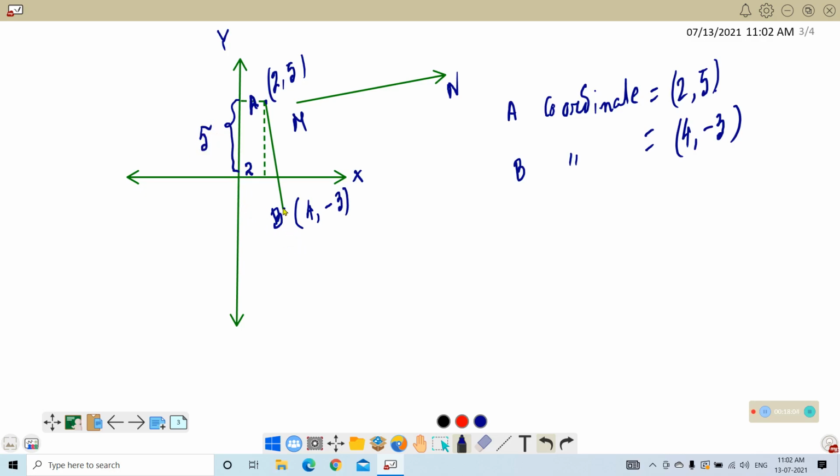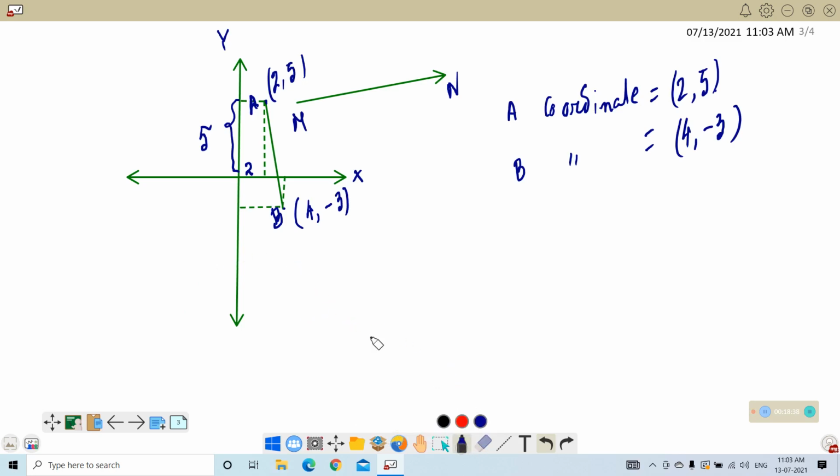Similarly, if we draw another perpendicular from point B on x-axis like this, then this length from O to this point is equal to 4 unit. And another perpendicular like this is minus 3 unit.